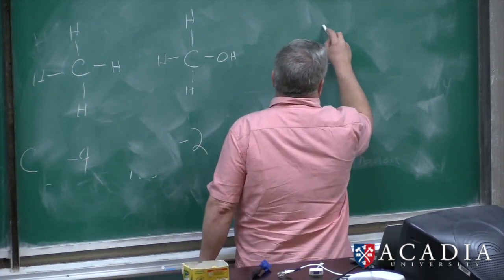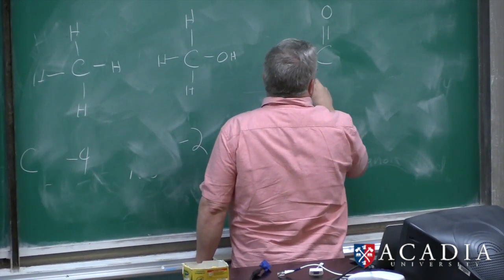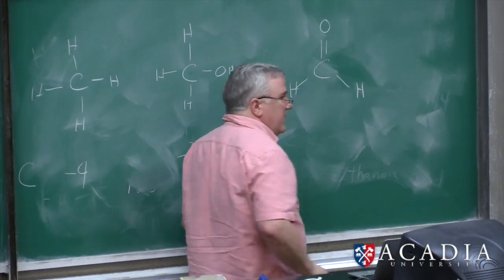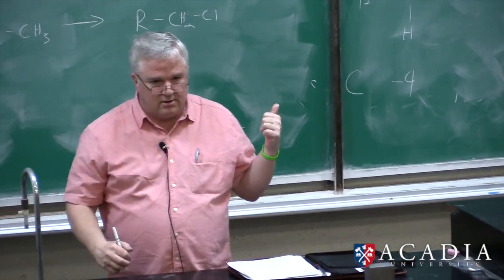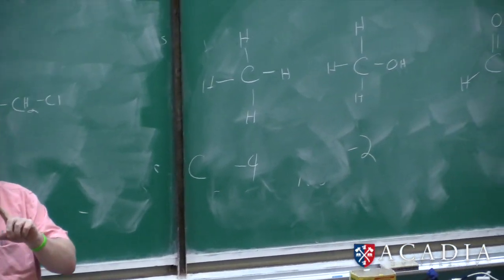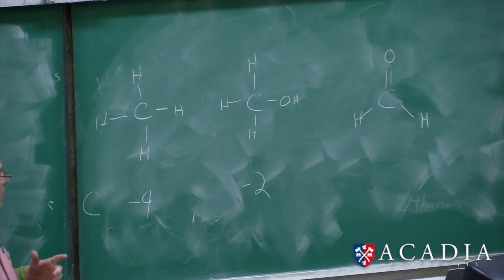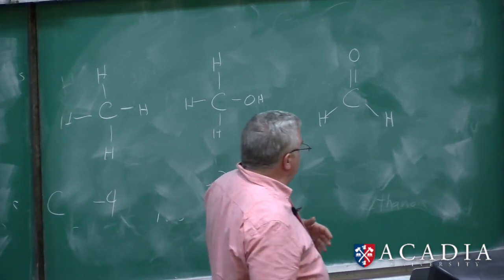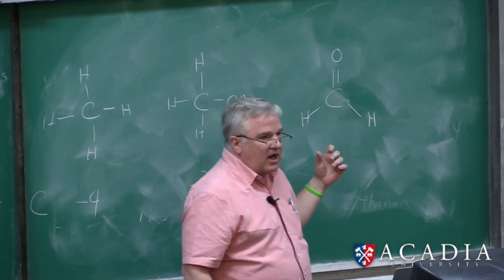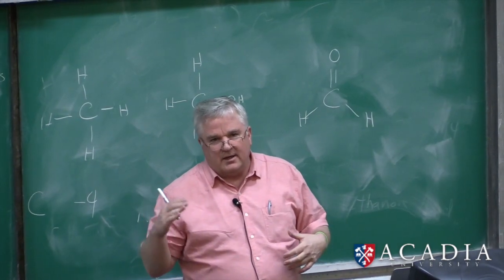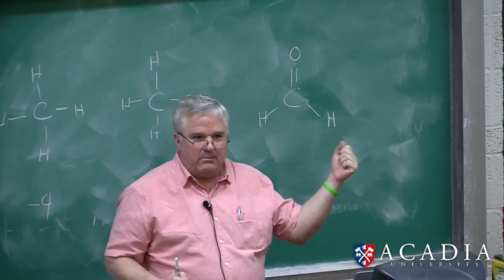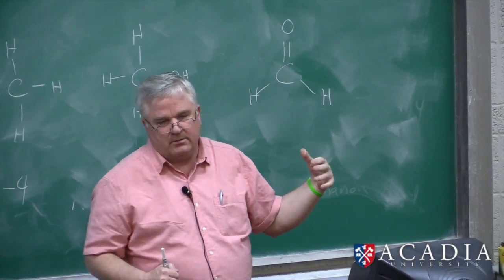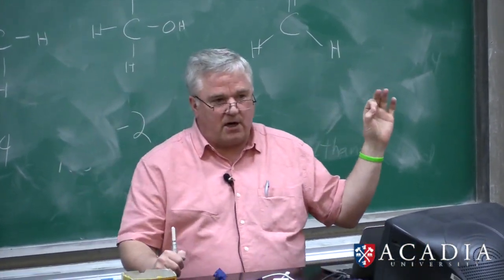Now here's, can anybody figure out the oxidation number for the carbon in this molecule? It is 0, okay? So what we're doing is, when carbon is bonded to hydrogen, the hydrogen has to be +1, so it's going to subtract 1 from the carbon.